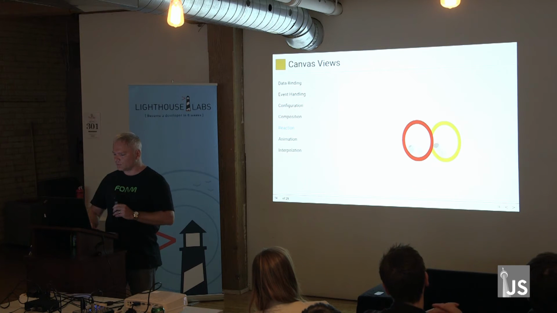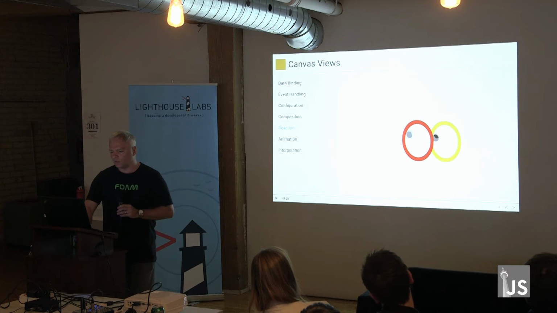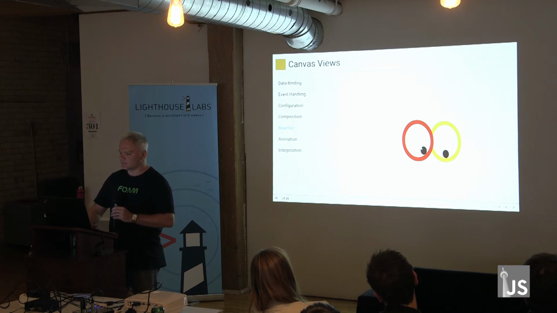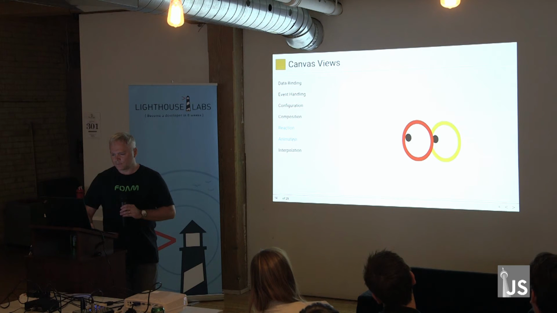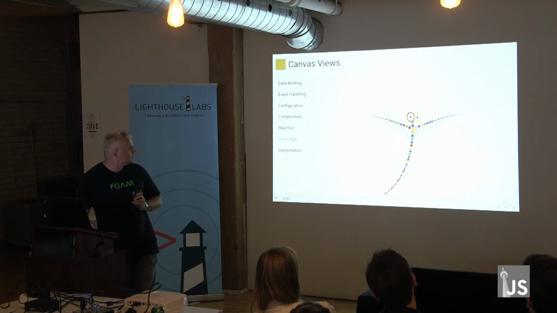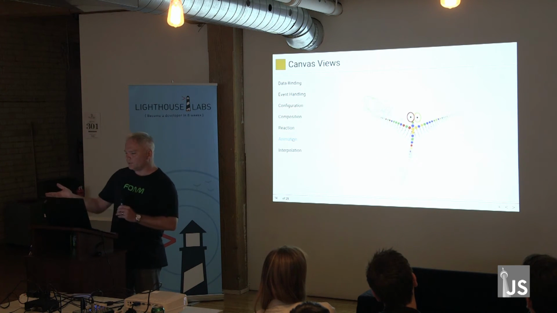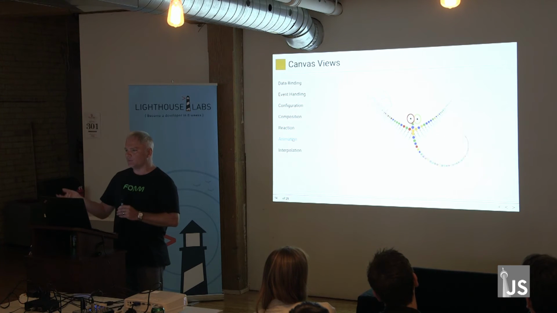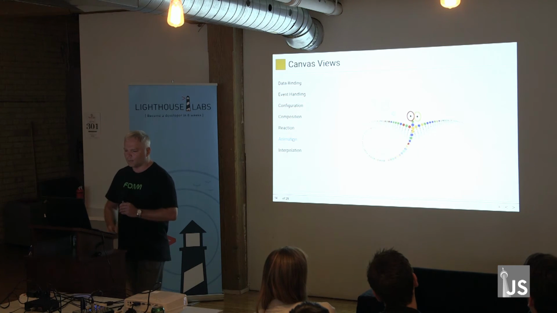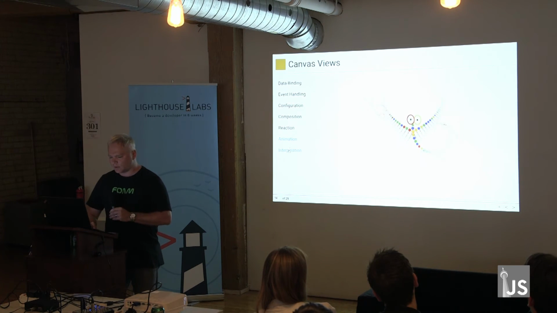Then reaction, which is something you don't actually have normally in DOM. I can make things react to other objects in their environment. So he's following my mouse around. We can get animation. Now you have CSS animation, but that doesn't help you for Canvas. And now I can do that the same way, whether it's Canvas or DOM.